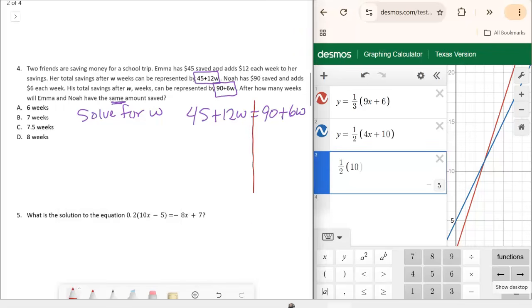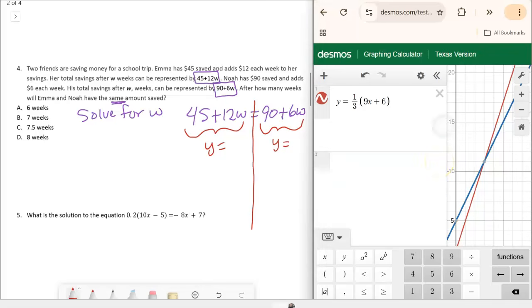So you put the line down the middle. That means you can put this in y equals, you can put this in y equals, and get your solution. Make sure that you type it in decimals.